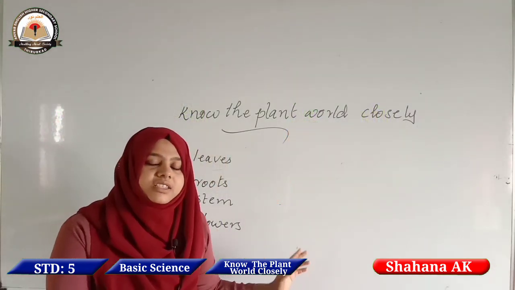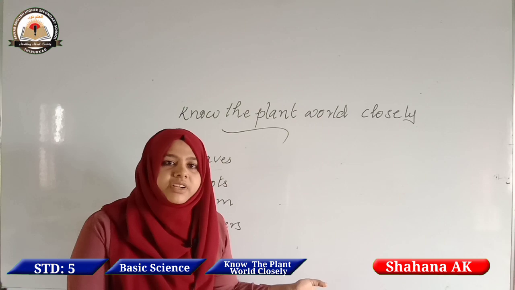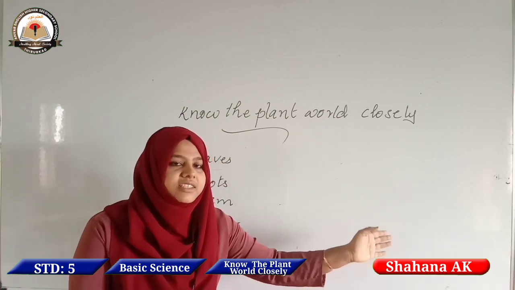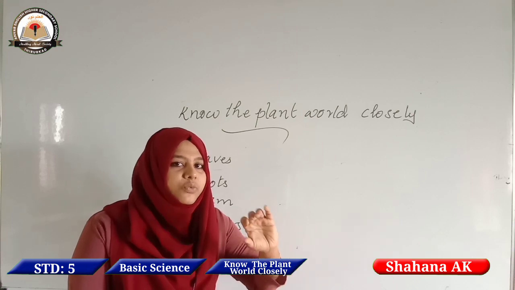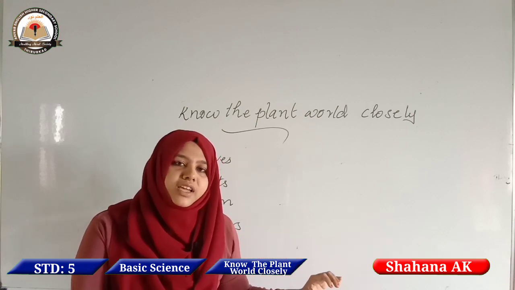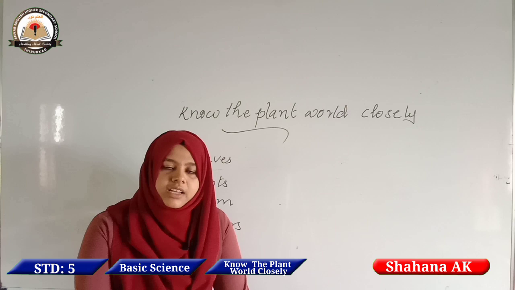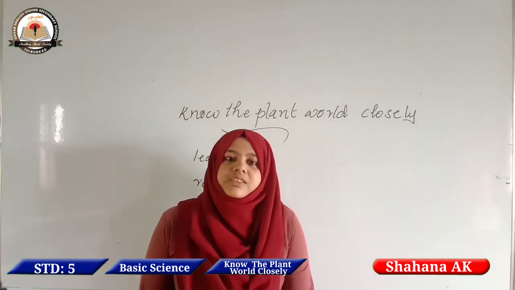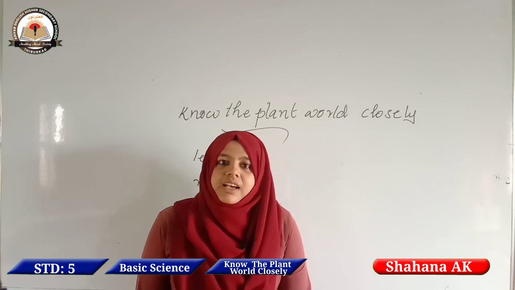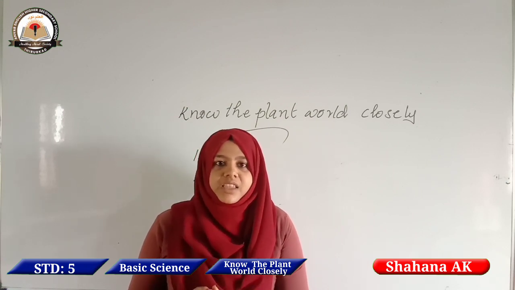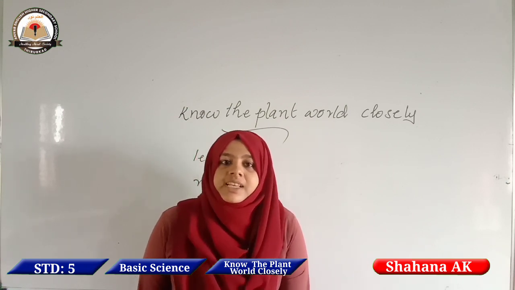So likewise, you want to find more examples of the different parts of plants that we are using as food materials. Then there are some other plants that we are using as spices.